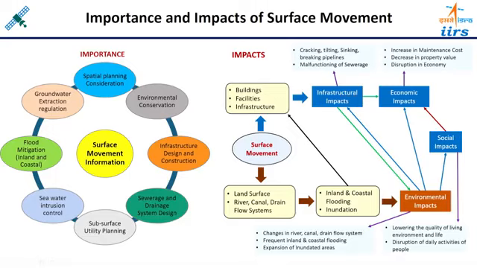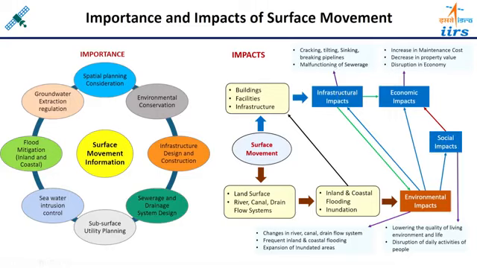Land surface movement impacts infrastructure in the form of cracking of buildings, tilting, sinking of buildings, breaking of pipeline networks, or malfunctioning of sewerage systems, etcetera. These are all problems related to infrastructure. It means if land surface movement is more in a particular area, our infrastructure will be impacted at large.